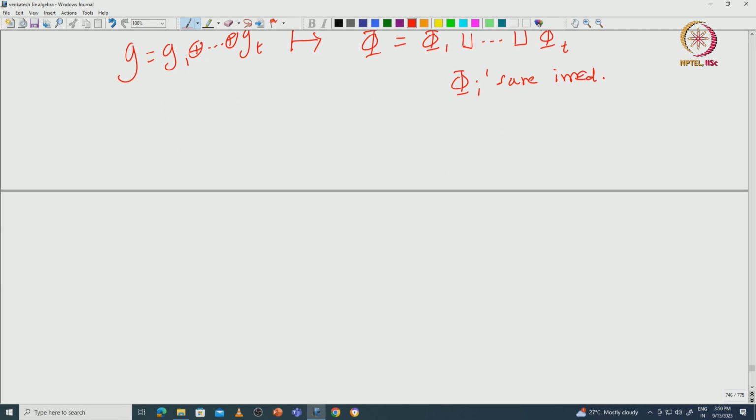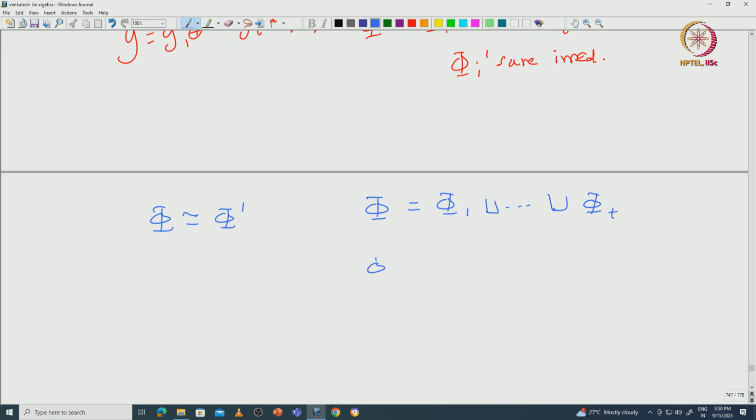So, let me write what I want to say. If phi is isomorphic to phi dash, and you write phi as phi_1 direct sum etcetera direct sum phi_t, then phi dash also will be phi_1 dash direct sum etcetera direct sum phi_t dash. So the number of components will be the same.